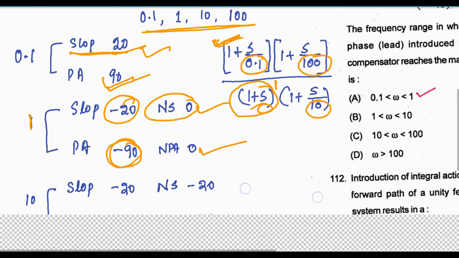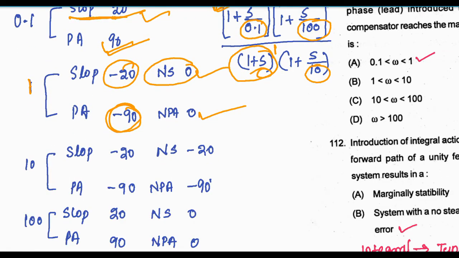Next, corner frequency 10 is also in the denominator and its power is 1. The slope will be minus 20 into 1, and the phase angle will be minus 90 into 1. As this is in the denominator, this will be minus 20 instead of plus 20.